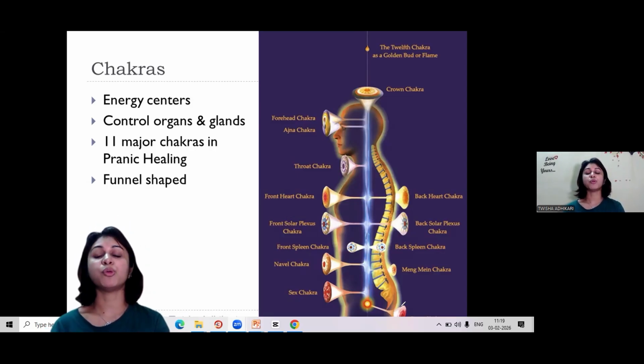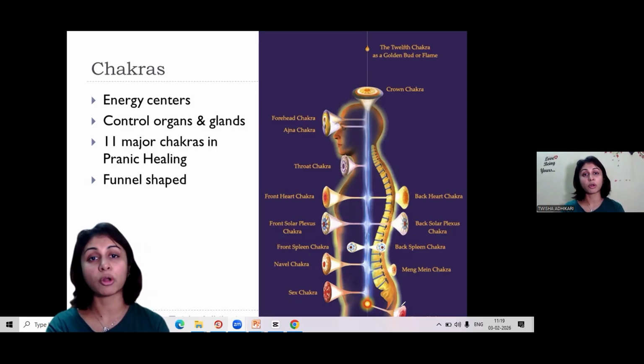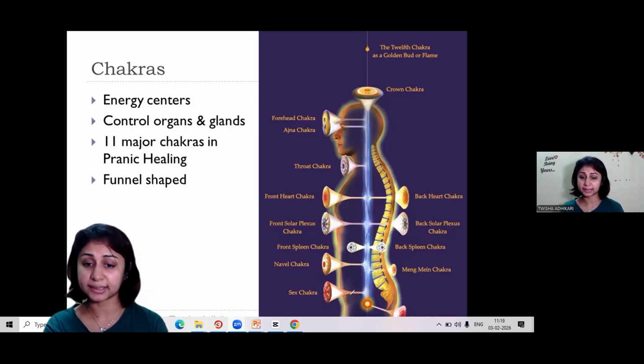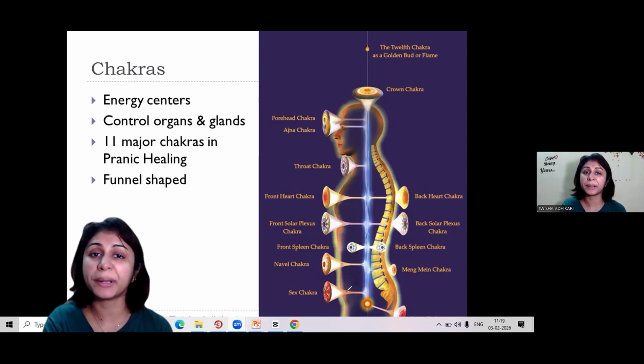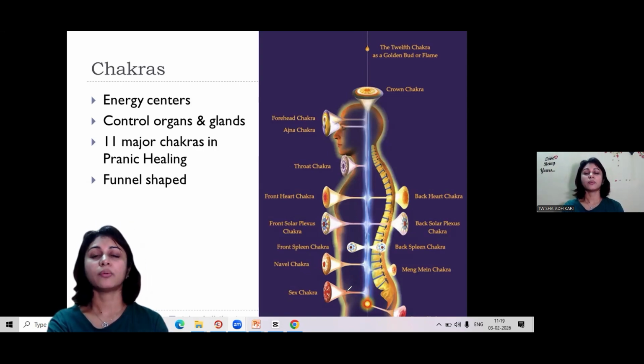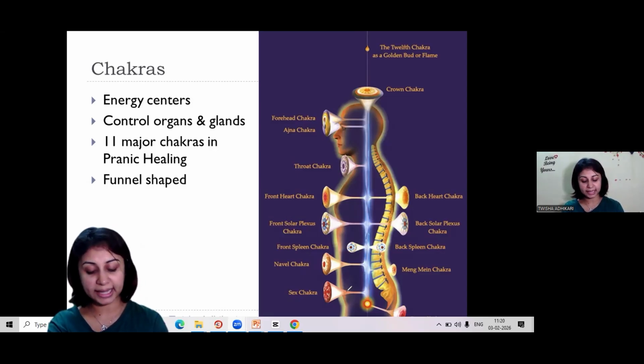Okay, next we move on to the sex chakra, also called the sacral chakra or the Swadhisthana. So this is the sacral chakra, okay, as you can see in the picture. Now it is present exactly on the pubic bone, okay. The sacral chakra has 6 petals, and it contains red and orange pranas.